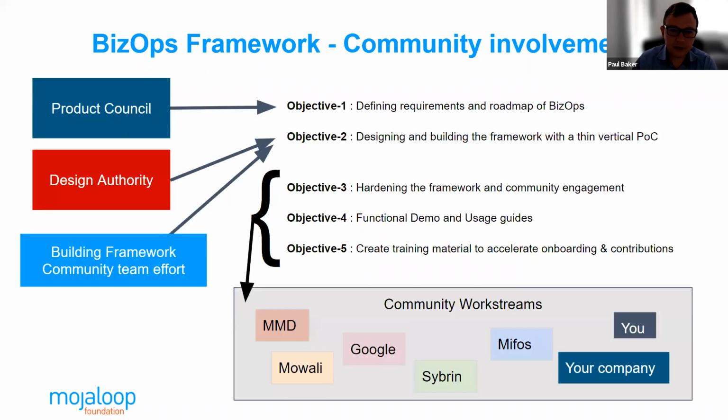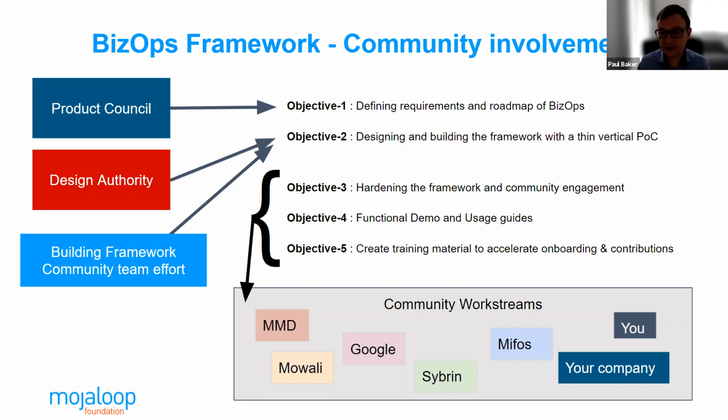Okay, let's move on. In this slide, I thought I would emphasize the community involvement for this work stream. We've broken down our tasks into 5 objectives, and each one of those objectives involves the community to one extent or another. The first one is going to the product council for roadmap, docs and process.